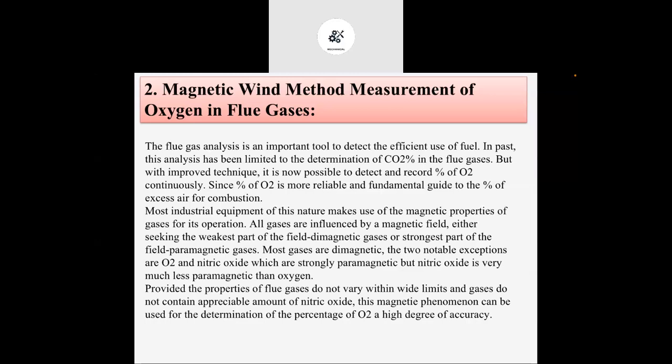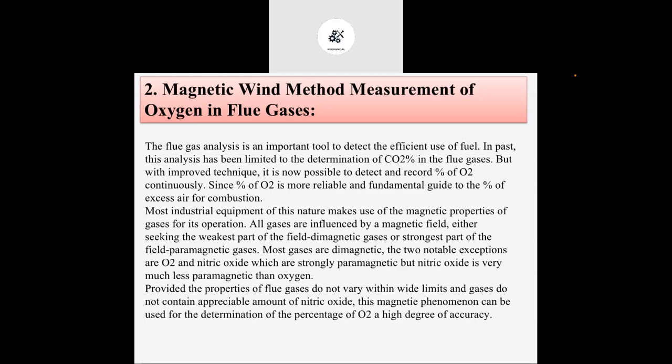As we increase the temperature, the paramagnetic oxygen becomes diamagnetic. Its magnetic properties also depend upon the temperature of the gas, so it will again be repelled from the magnetic field.